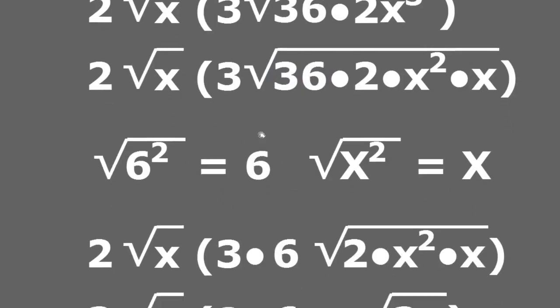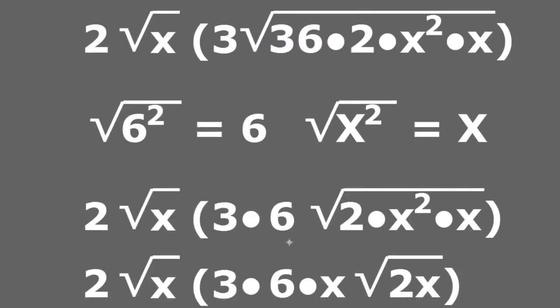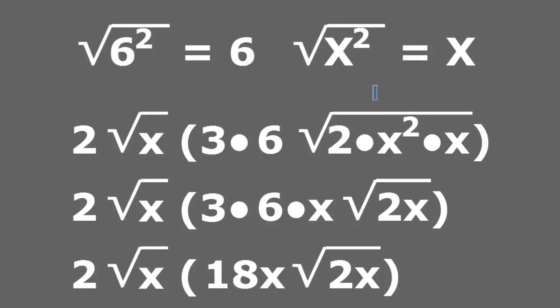It goes outside, and I can multiply it later by the number 3. And the same thing happens with the x squared. The square root of x squared is simply x. So this x squared simply becomes an x outside of the radical sign.